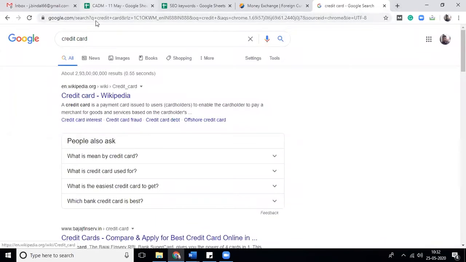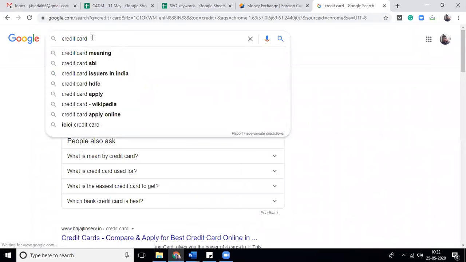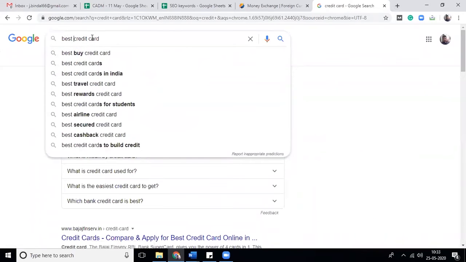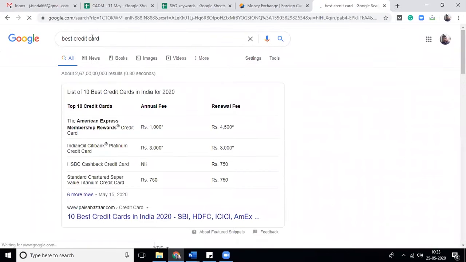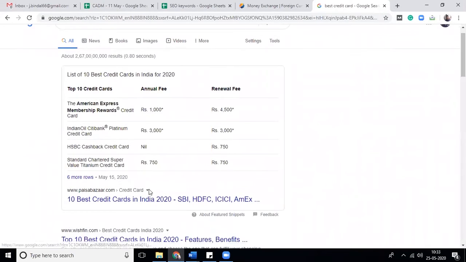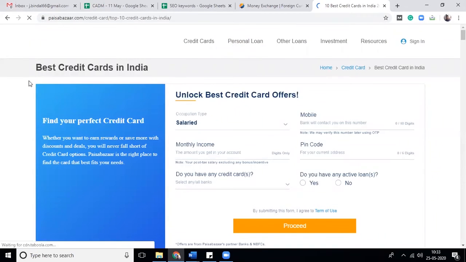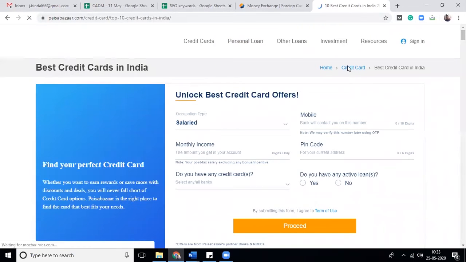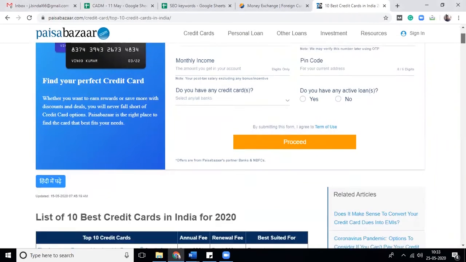Where is the title? You told us the title, but where are the headings in a particular page? I will show it to you, like I have shown you various examples. If you open the 10 best credit cards, they have a form on the top to fill in, whichever their offer is.